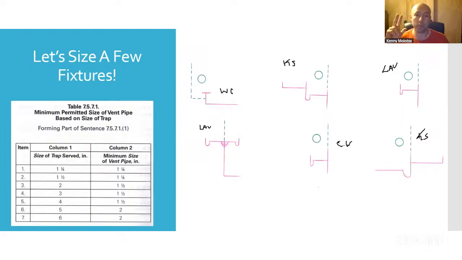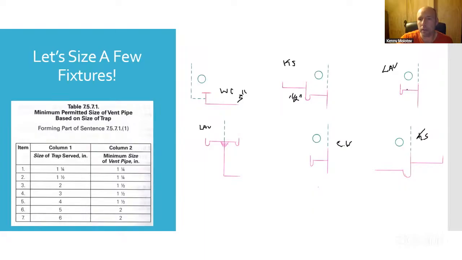So we need three charts, remember? Well, actually, in this instance, we only need two charts. The two charts we need is 7493. Water closet, it's a 3-inch pipe, 4 fixture units. So the trap on a water closet is 3 inches. Kitchen sink, you're looking at 1.5 inches.